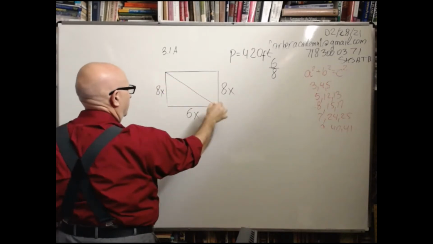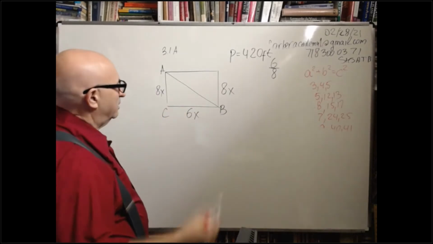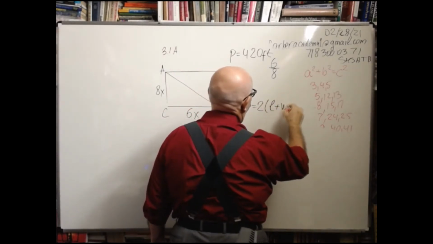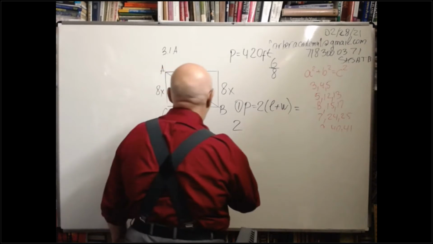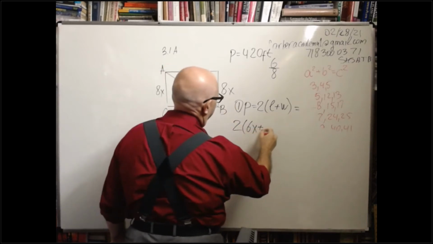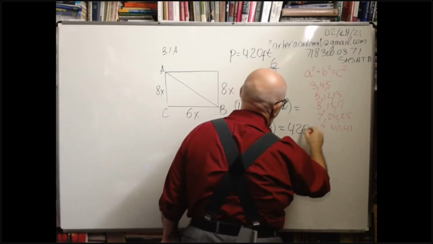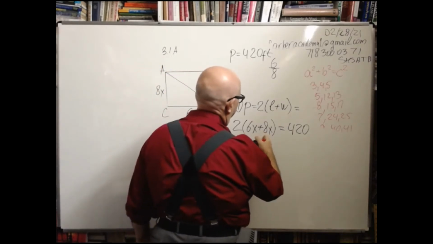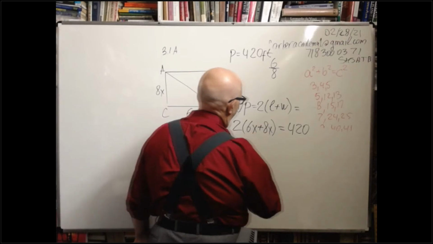They ask you to find the diagonal, A, B, and C. First of all, step number 1: perimeter equals 2 times (length plus width), equals 2 times (6x plus 8x), equals 420. 6x plus 8x equals 14x.